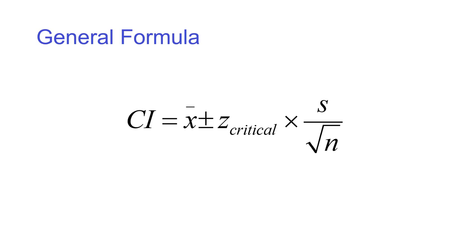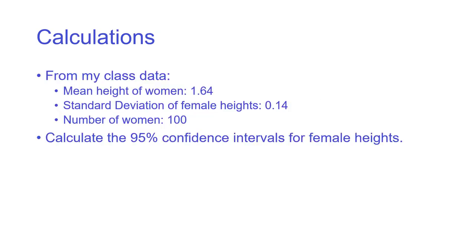So let's have a look at the class data. Mean height of women is 1.64, standard deviation of female heights is 0.14, number of women is 100. So from this, let's calculate the 95% confidence interval for female heights.